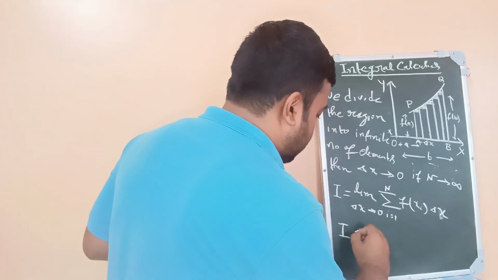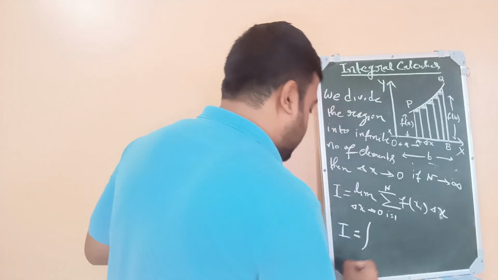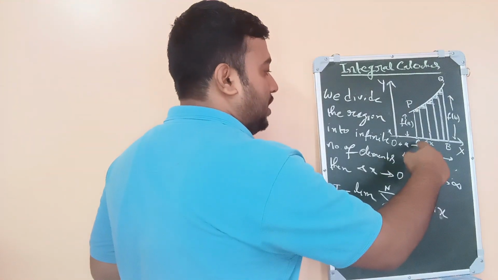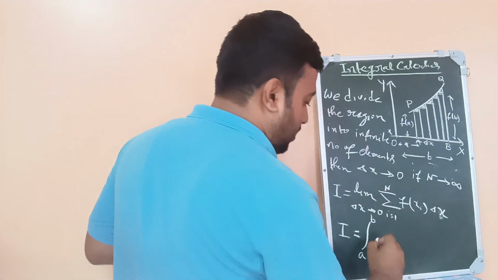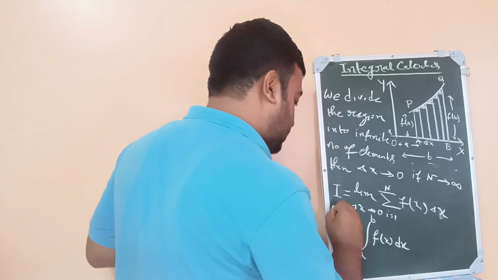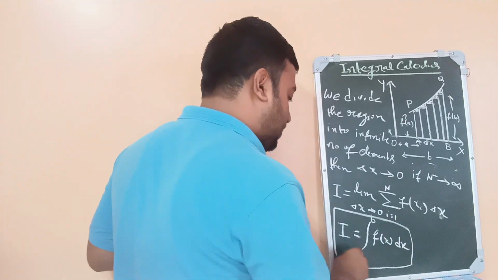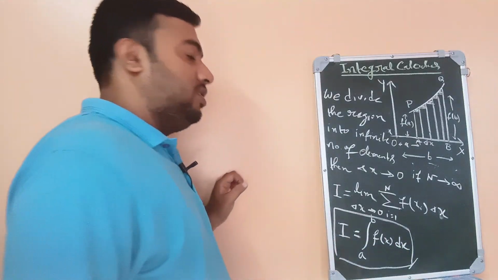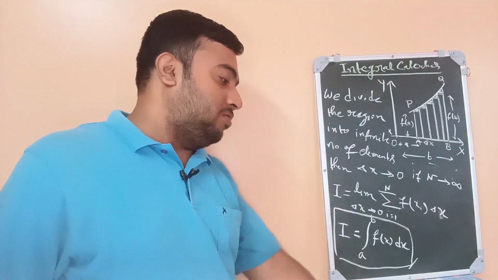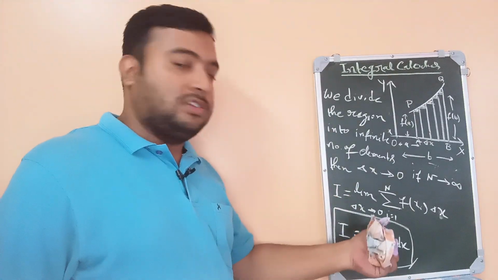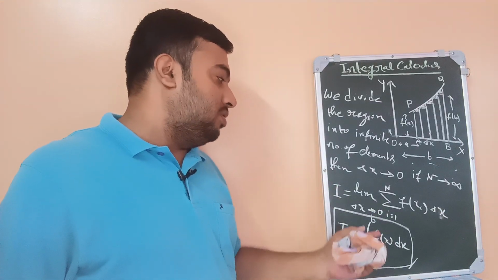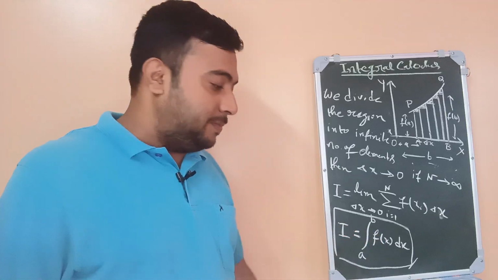The integration is written with the integration sign, from a to b, that is x equal to a to x equal to b, f of x dx. So this is the basic definition of integration, called the integral of f of x with respect to x within the limits x equal to a to x equal to b, where a is the lower limit of integration and b is the upper limit.